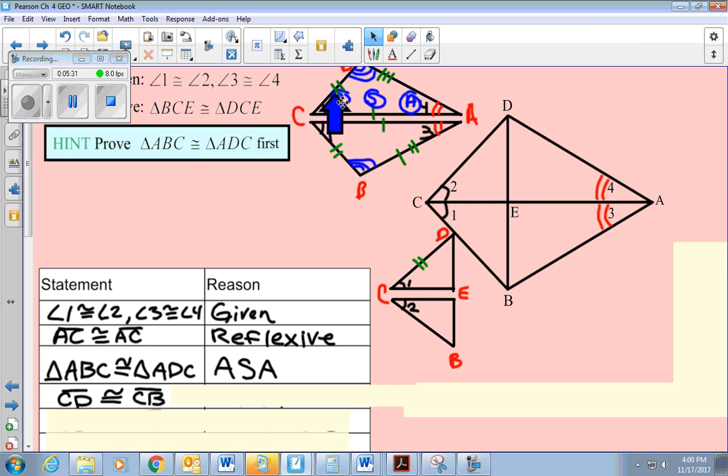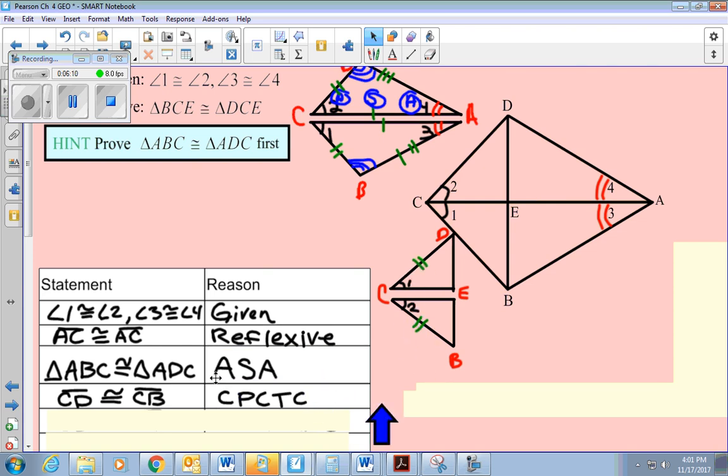That side is congruent to side CB. And we can say that those two sides are congruent because corresponding parts of congruent triangles are congruent. That's what CPCTC means. So these two sides are congruent.